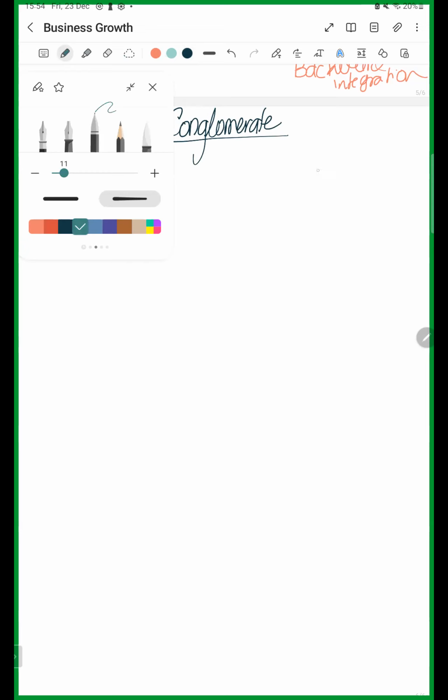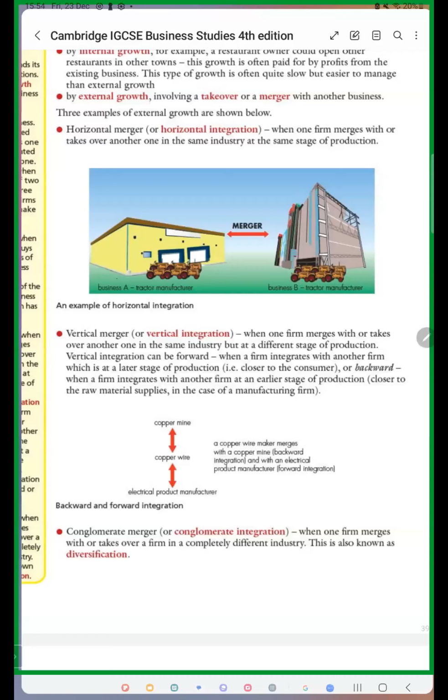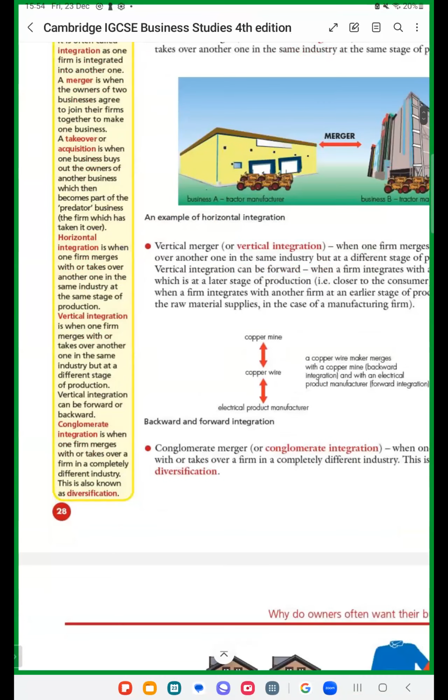This one is a little bit, when you're feeling a bit spontaneous, this can be at any level of production. Have a look at this. This one is a little bit exciting. It is when one firm merges with or takes over a firm in a completely different industry.